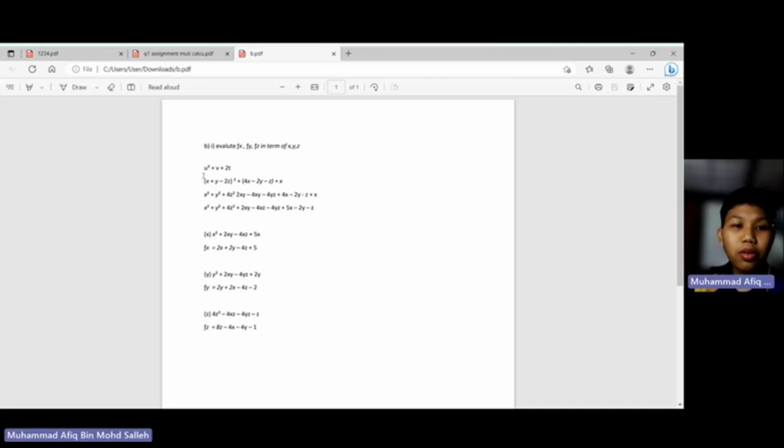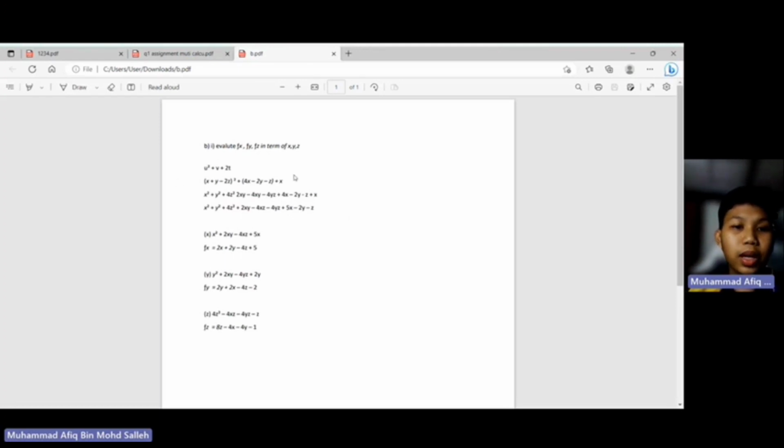u in the row, u to the power of 2 plus y plus 2t, x plus y minus 2z in brackets, close the bracket, to the power of 2, and the final expression is x squared plus y squared plus 4z squared plus 2xy minus 4xz minus 4yz plus fx minus 2y minus z.